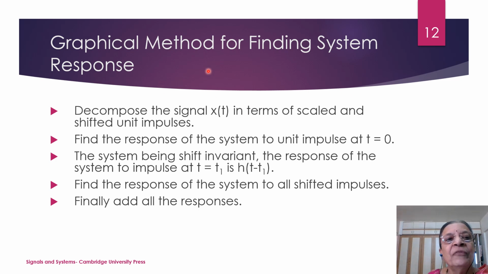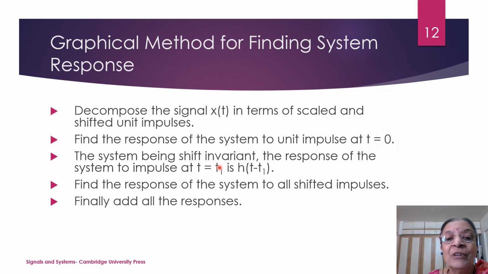Now there is one graphical method for finding the system response. What we do is decompose the signal x(t) in terms of scaled and shifted unit impulses, as I just indicated. Then find the response of the system to the unit impulse at t equal to 0. That is the impulse response.